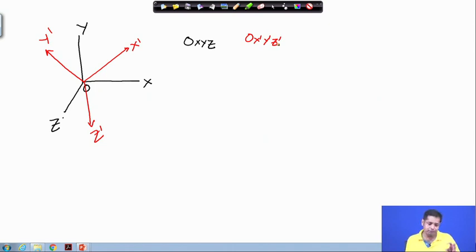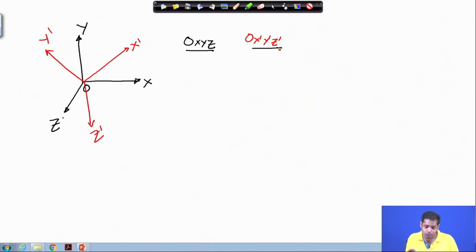So if something is defined with respect to the x, y, z coordinate system, and the same thing is defined with respect to another coordinate system, the prime coordinate system, we can define a transformation matrix which transforms any quantity, any tensor of any order, from one coordinate system to another coordinate system, right.